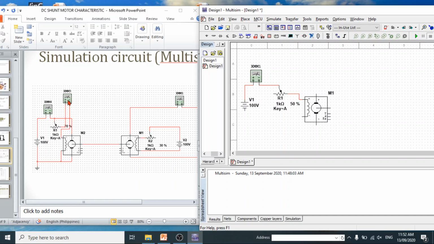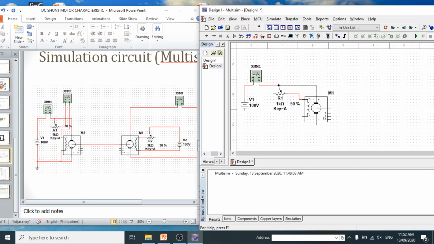This measures the current flowing in the field winding of the shunt motor, so we will not be needing the data for the field current. So we can short circuit the terminals of the meter. That means we can connect directly one terminal of R1 to the positive terminal of the field winding, and then connect this one in parallel.